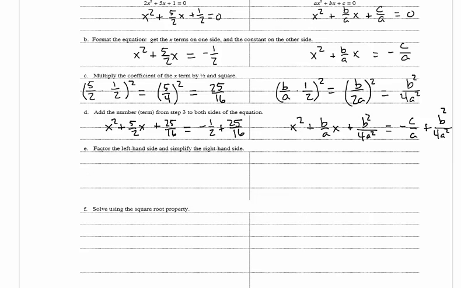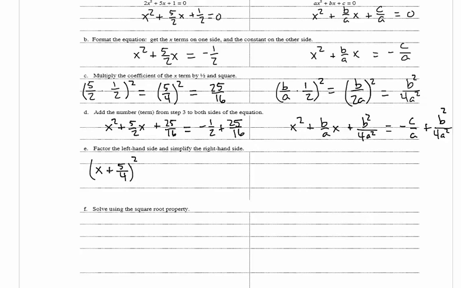And E, it wants us to factor the left-hand side and simplify the right-hand side. So we have x squared plus 5 halves x plus 25 over 16 is a perfect square trinomial, and we can write it as x plus 5 fourths squared.